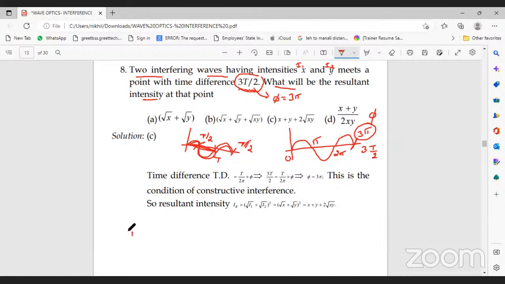Now tell me the resultant intensity formula. I1 plus I2 plus 2 root of I1 I2 cos phi.